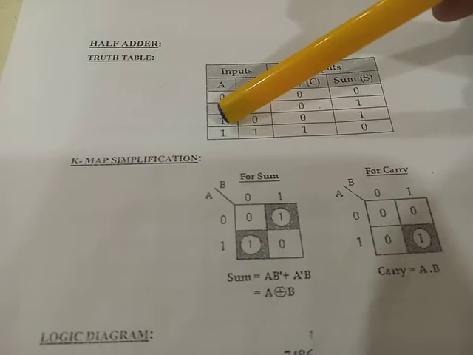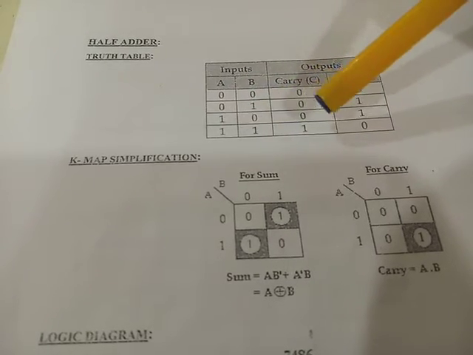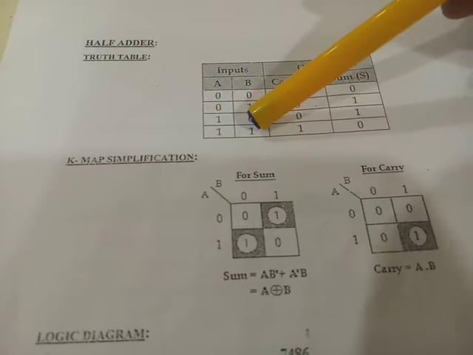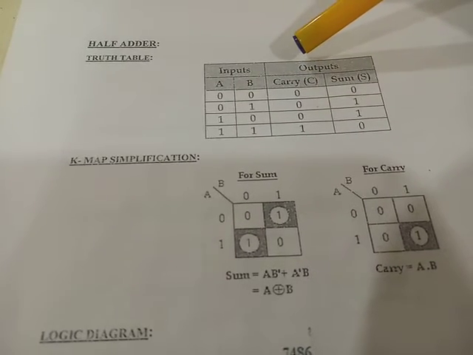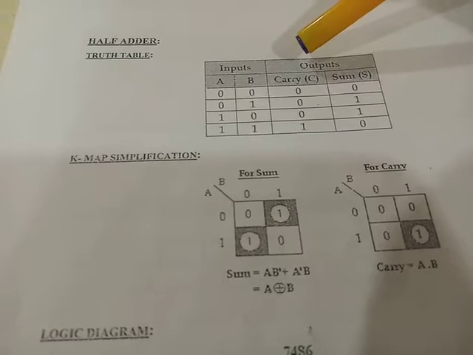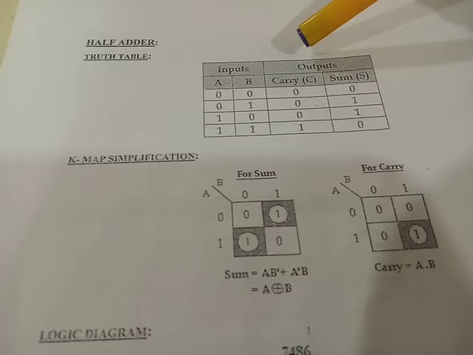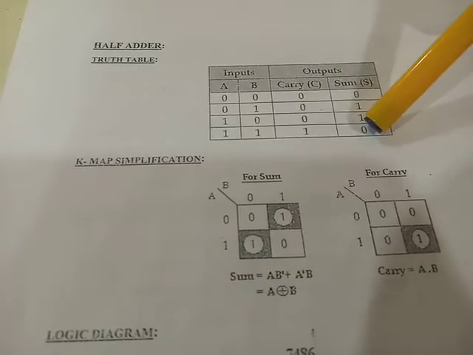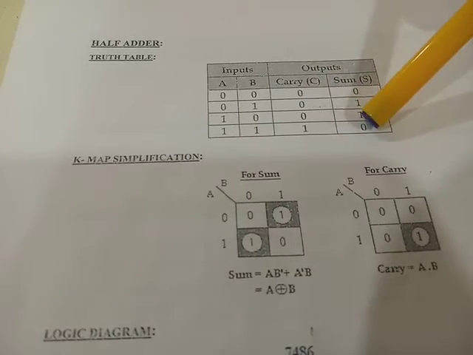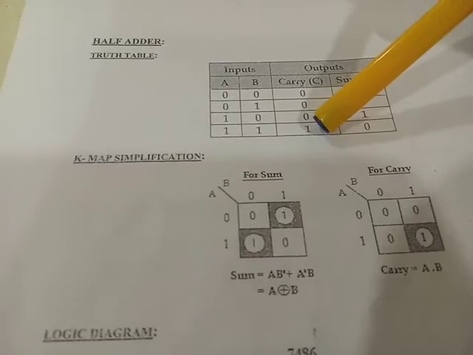If you add 1 and 1, in decimal we will get 2, and if you convert that decimal 2 into binary you will get 1 0. So sum is 0 and the 1 we call carry.